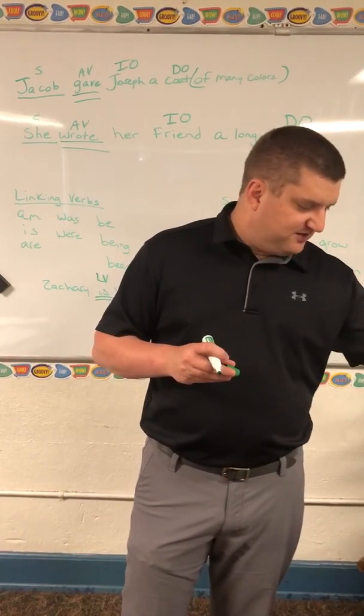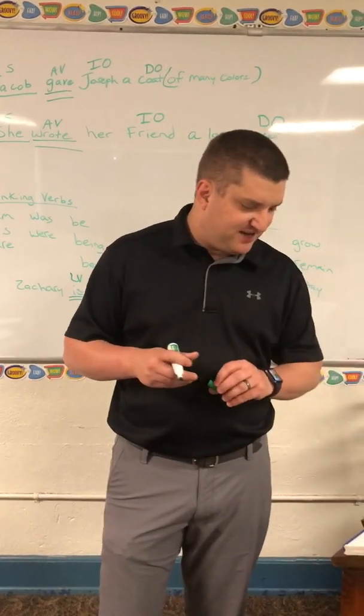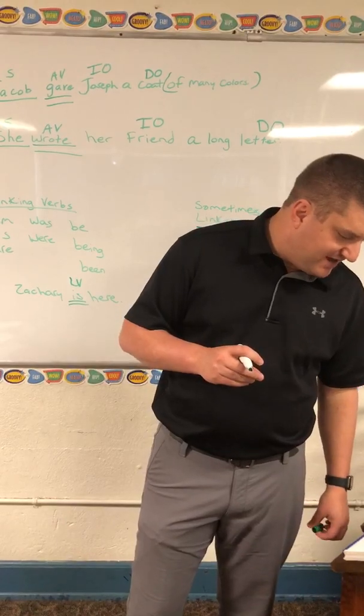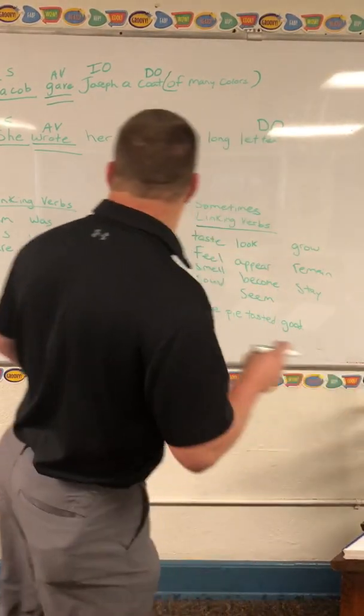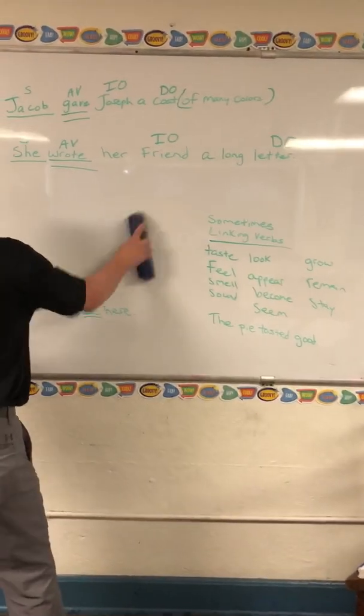Then, at the end, you're looking at some diagramming. Diagramming a direct object. Give me a minute here and I'll erase some things and show you how to do that.